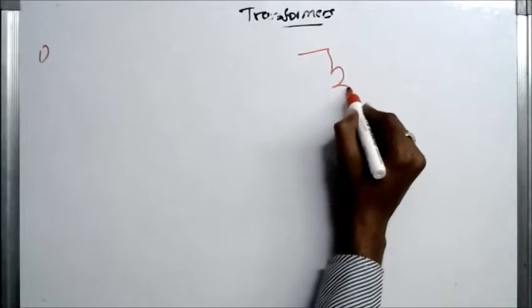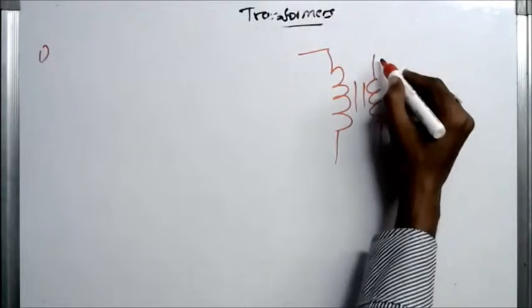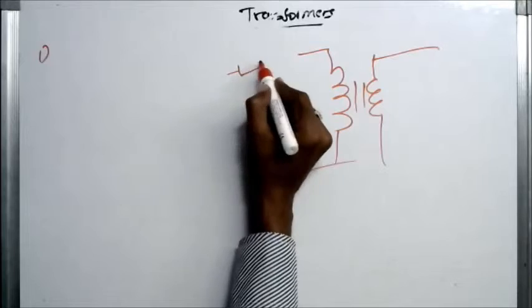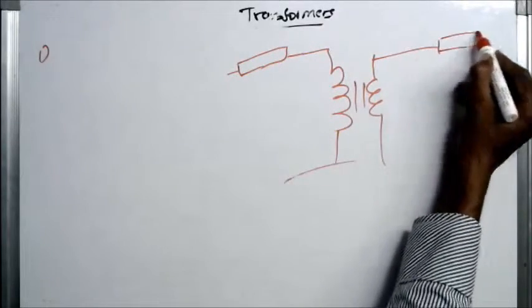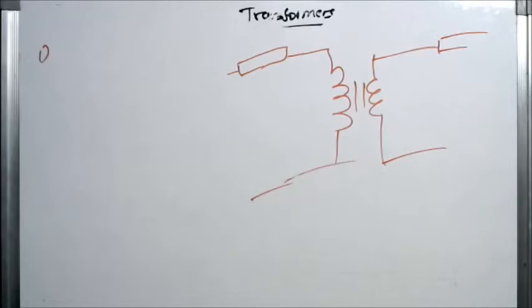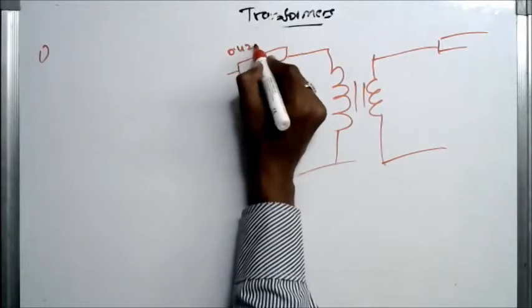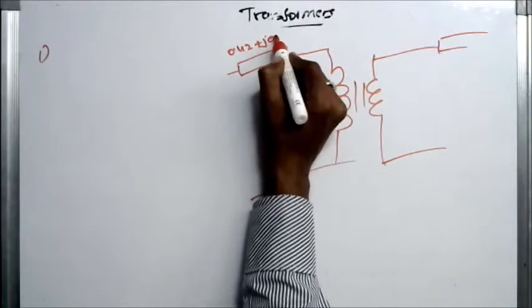So this is the transformer. At the high voltage side he has given the leakage impedance, so here leakage impedance is 0.42 plus j into 0.52.